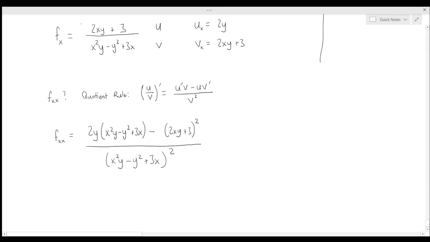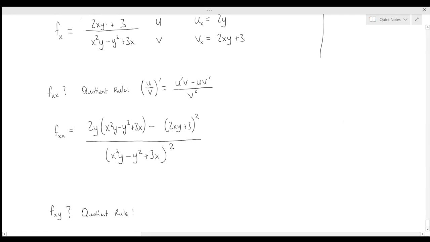And then I'll just do fxy, so one more of them. For fxy, I do have y's in both the numerator and the denominator, so I'm definitely going to have to do the quotient rule again. We still have the same u and v being the numerator and denominator.